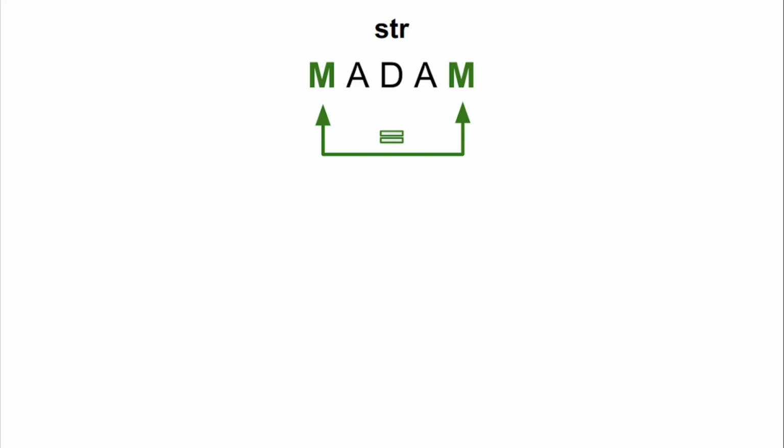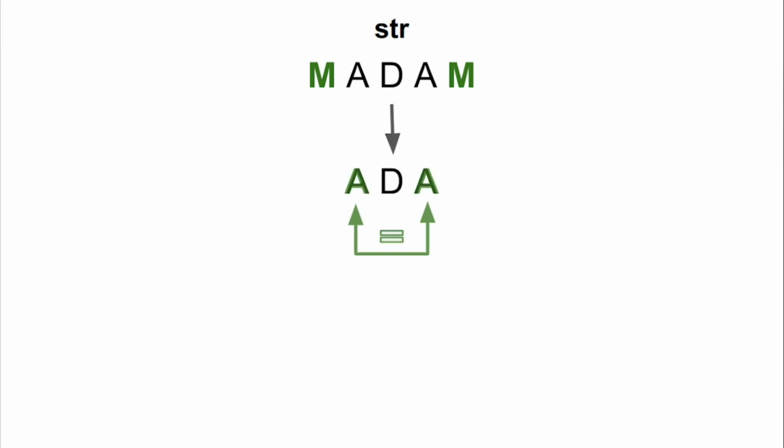However, if the first and the last characters are equal, it means that for now at least, it's a palindrome, and we'll make the recursive call after removing the first and the last character. So this time the new value of str will be ada after removing the first and the last characters.